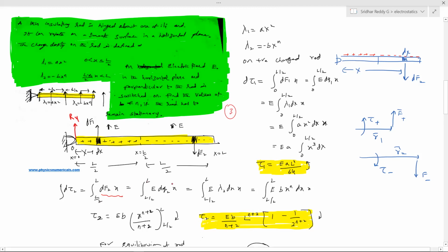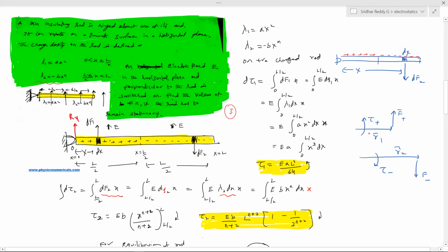So what is dF2? E into dq. dq equal to lambda2 dx. Further, lambda2 is what? Given by this, minus b x to the power of n. Only substitute the magnitude; the sign we have already taken care of. Then after integrating, we'll end up with x to the power of n plus 2.